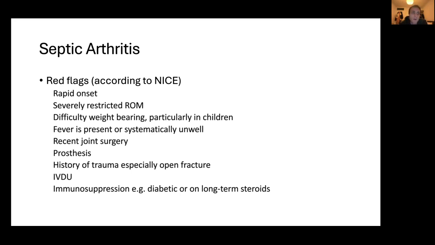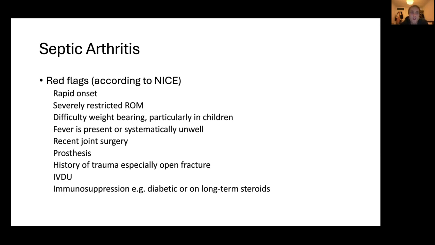Recent joint surgery, particularly prosthesis, so if they've got a hip replacement or knee replacement, that's ringing alarm bells. A history of trauma, especially if they've had an open fracture. IV drug use, and of course an open fracture is a risk factor for osteomyelitis as well as septic arthritis.